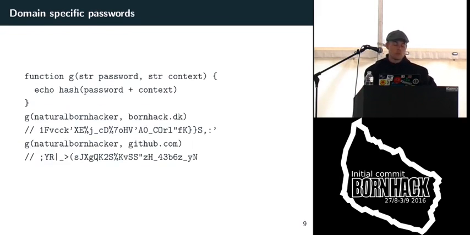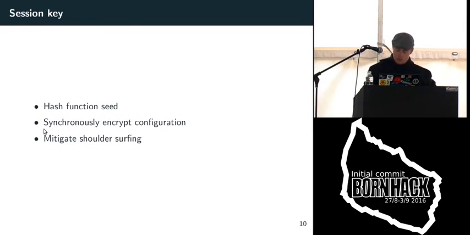So what we do is we add some sort of context. This is a very simplified instance, but we just append the context to the password. So for instance, if I choose the context bornhack.dk, I have an account at Bornhack, and I use the password natural born hacker. Then I get out from the system.